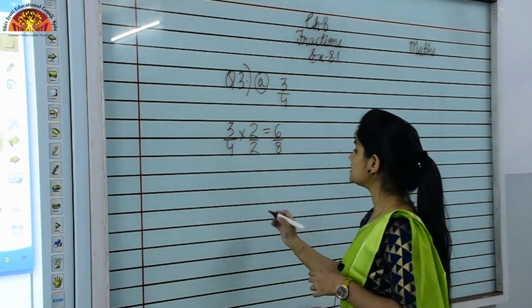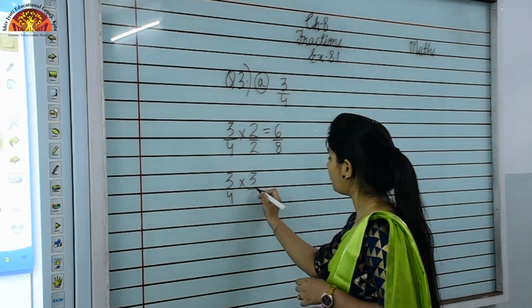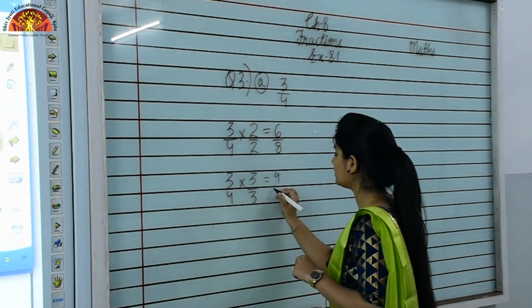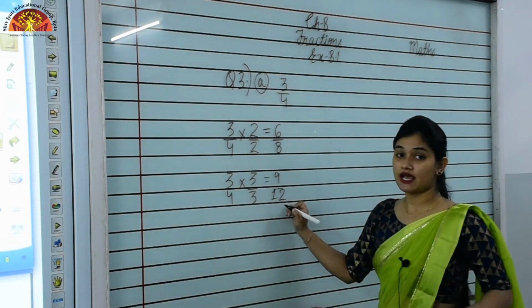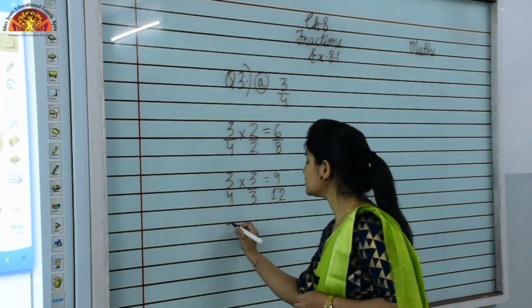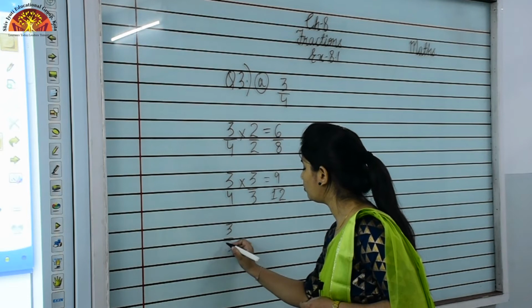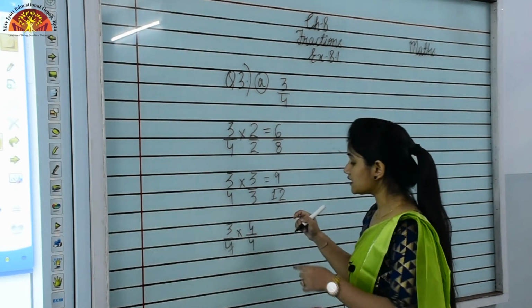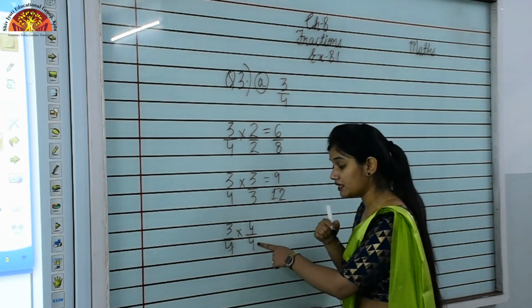Now the next is I can multiply this fraction by 3 upon 3. So students, 3 3s are 9 and 4 3s are 12. And this is the next equivalent fraction, and if I multiply the same fraction 3 upon 4 by 4 upon 4. Students, if I am multiplying numerator by 4, then I have to multiply denominator by 4.